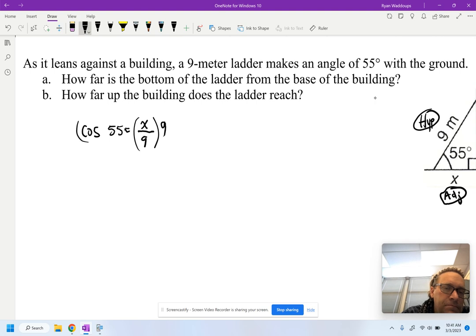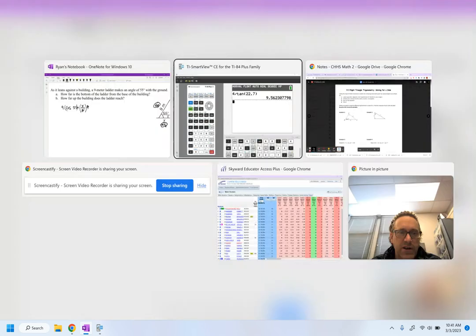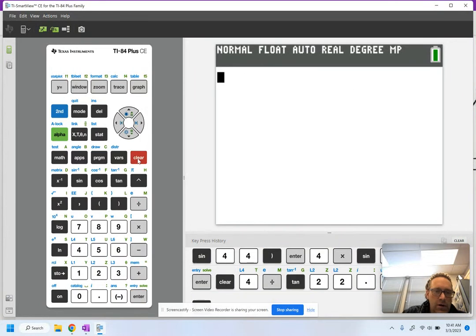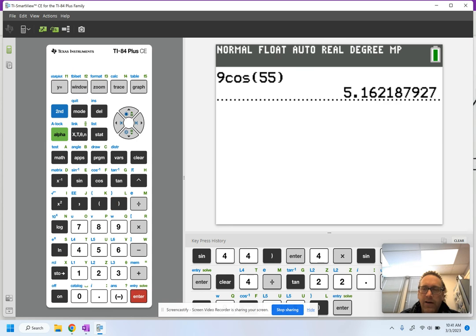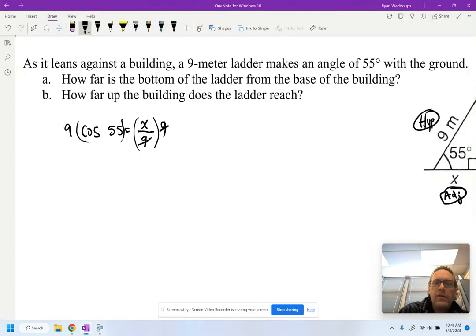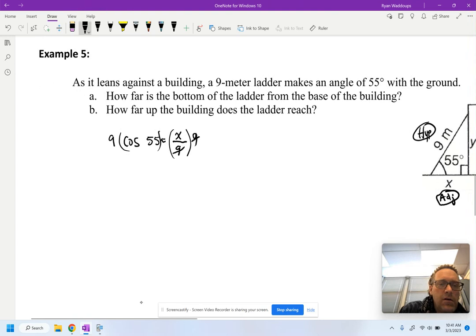Then I multiply both sides by 9, and that cancels the 9s. I put 9 cosine 55, hit enter, and I get 5.16. This is an example where we know the units because these are in meters, so 5.16 meters is x.